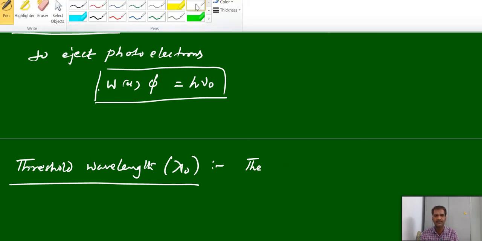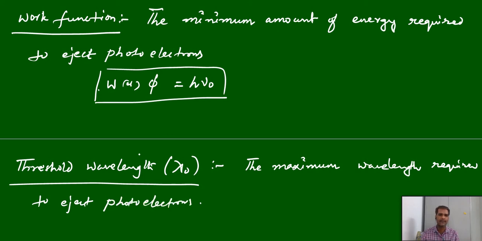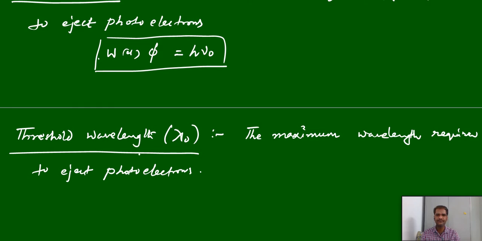They have an inverse relation. The maximum wavelength to eject a photoelectron, yes, this is lambda naught. So these three are the definitions you should remember.